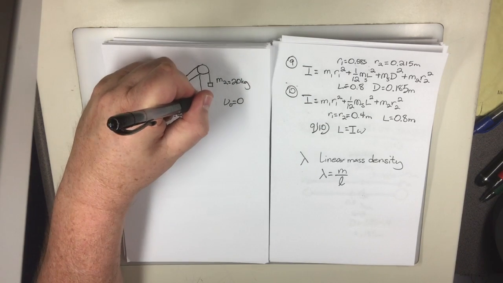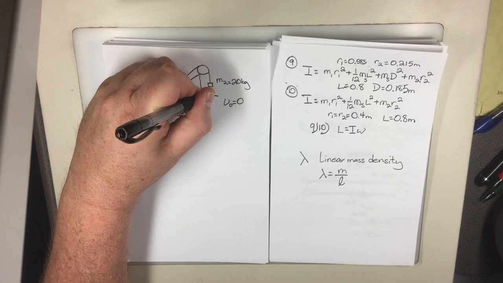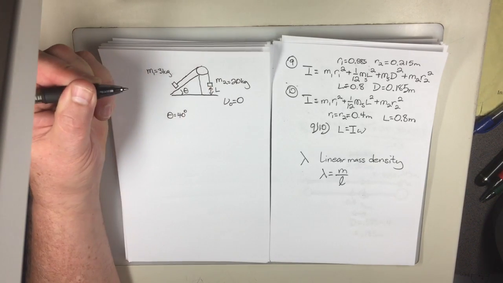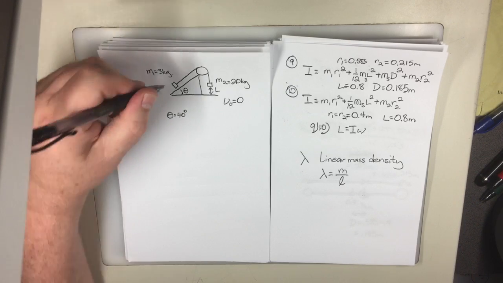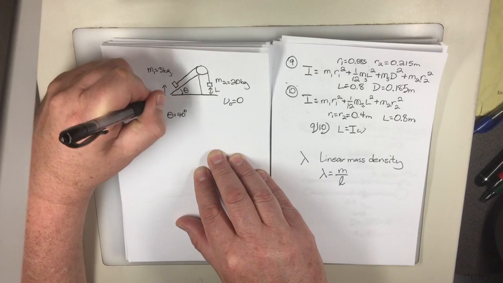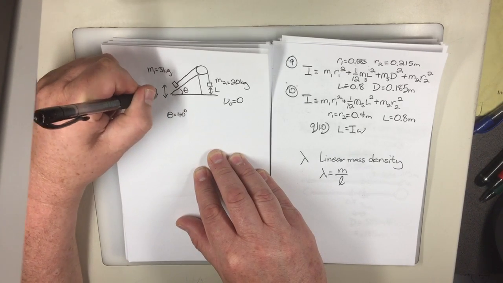So the initial potential energy, if this starts at height L, this one starts at height little l.